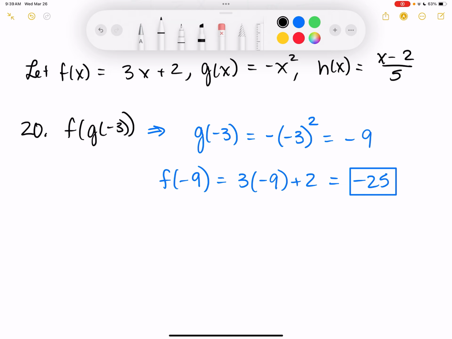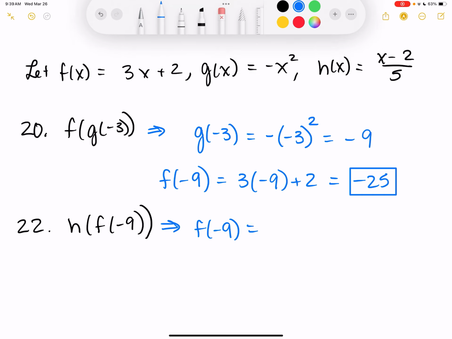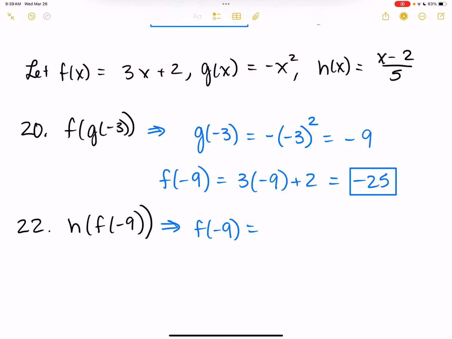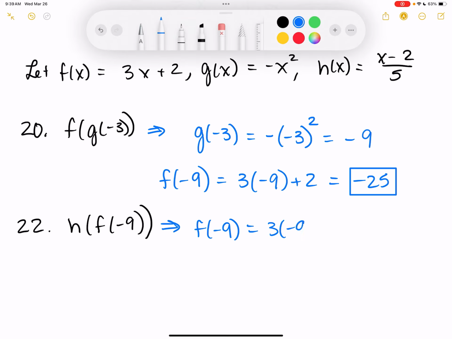h of f of negative 9. Now, it happens to be that we already found f of negative 9, but I'm going to do it again because it's a new problem. So f of negative 9: I plug negative 9 in for x in f of x. So we have 3 times negative 9 plus 2 equals negative 25.